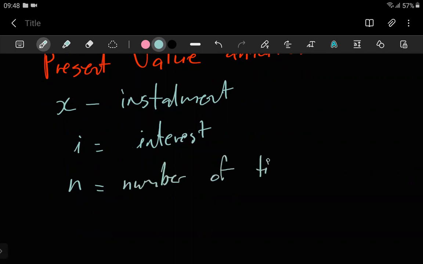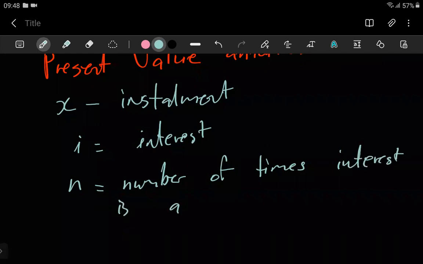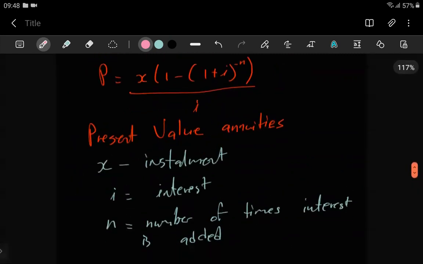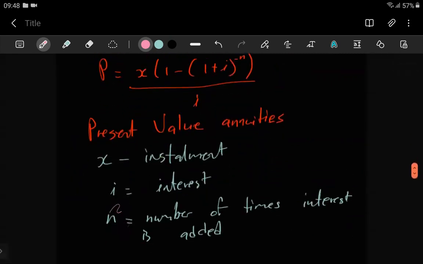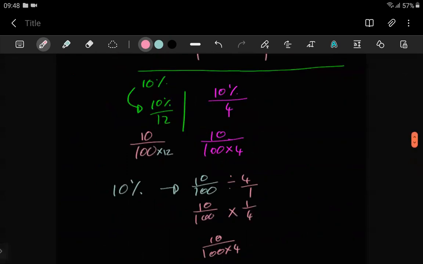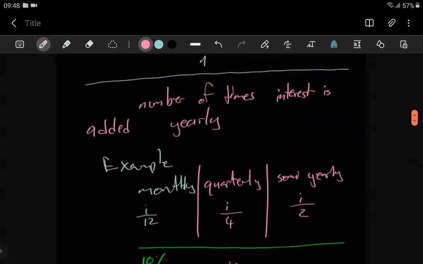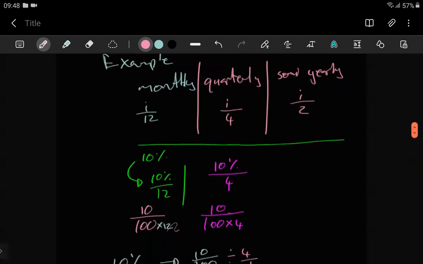The same way we said for I, you have to divide by the number of times the interest is added yearly, and you have to multiply N by the number of times interest is added yearly. Those same rules apply here as well. So you hardly ever put N as years, and you hardly ever put I as over 100 only.